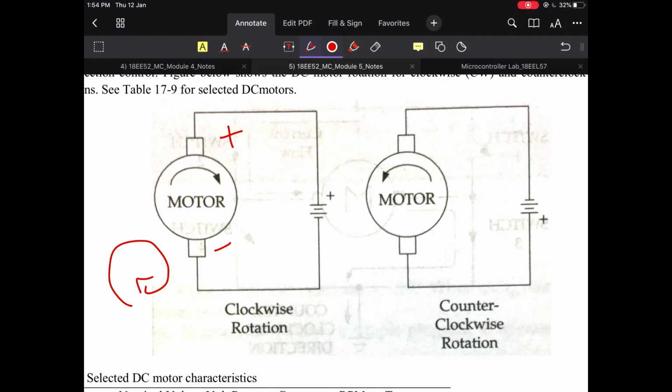If I exchange the polarity, earlier it was positive, here I am making negative; earlier it was negative, here I am making it positive. The direction of the motor is reversed. So, the motor will rotate in anti-clockwise direction, or we can simply call it counterclockwise direction. This is the way of controlling the motor direction.